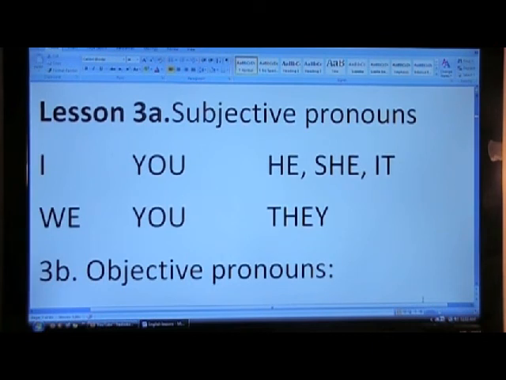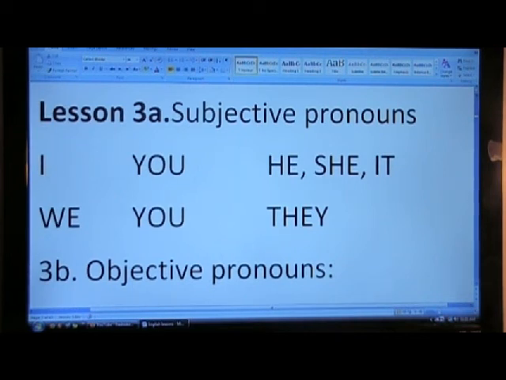Lesson 3. We learned about subject, verb, and object. Now, instead of the subject, like John or Iraj or Ariana, we can use subjective pronouns.